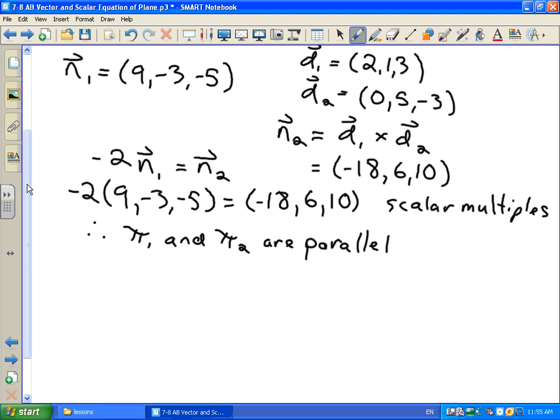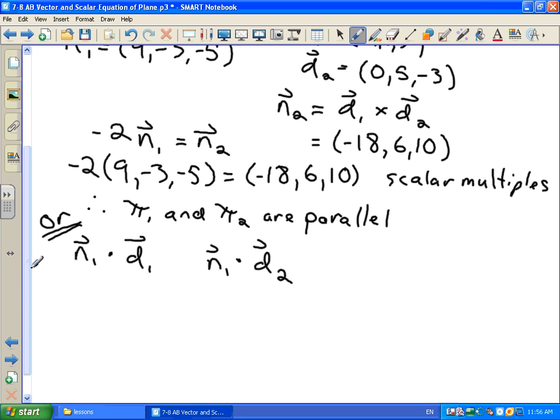So if we did normal 1 dotted with direction vector 1, and normal 1 dotted with direction vector 2, and both of these worked out to be 0, that would tell us that our normal is perpendicular to both of the direction vectors. Essentially the same information.